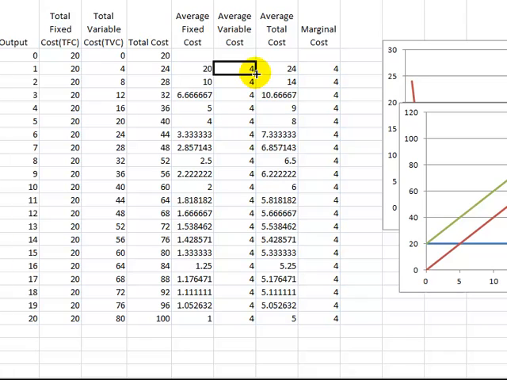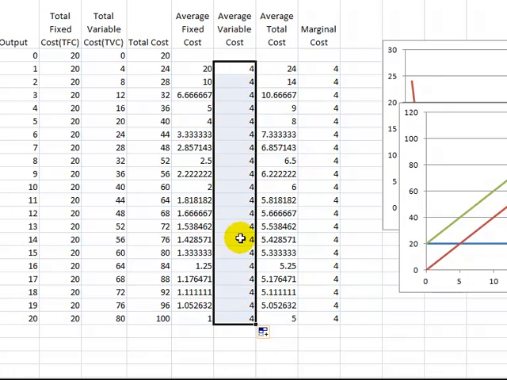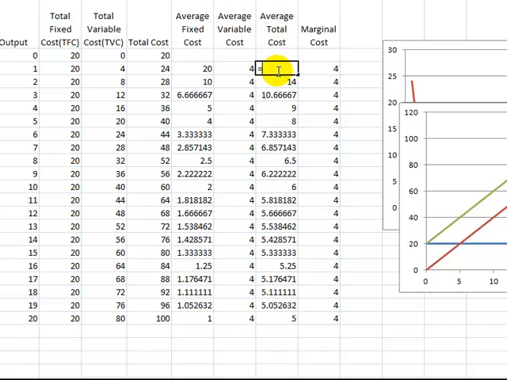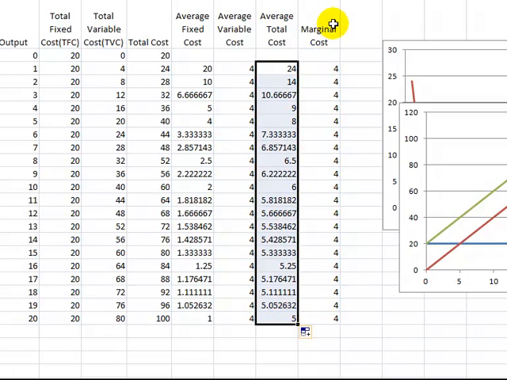You bring the button down, you can get the average variable cost. Then average total cost equals average fixed cost plus average variable cost. Here we go. Then we get the average total cost. Bring it down, you can get everything.